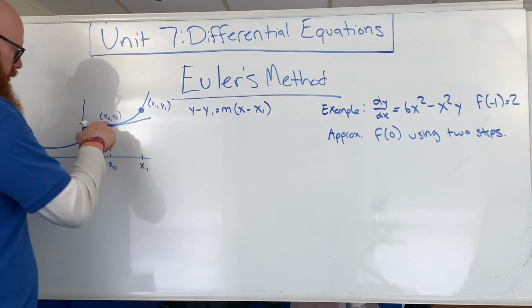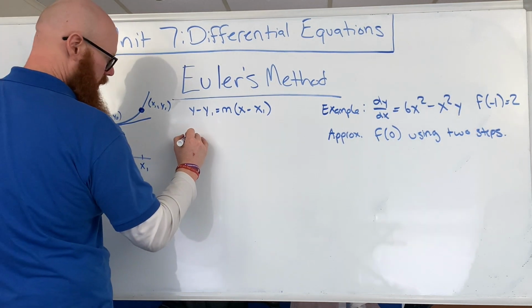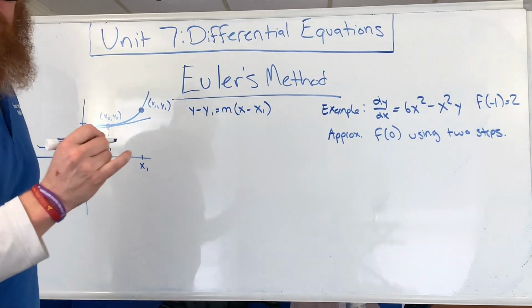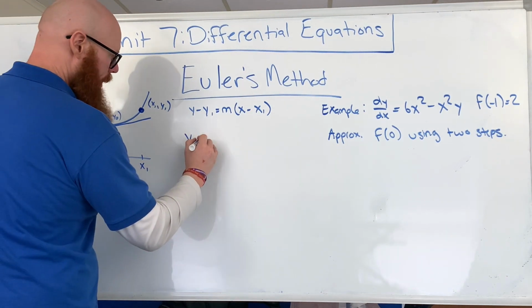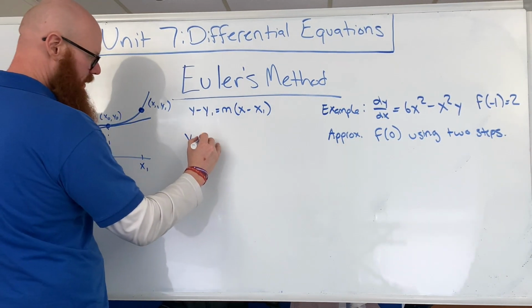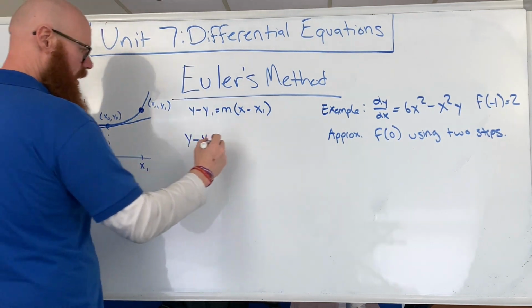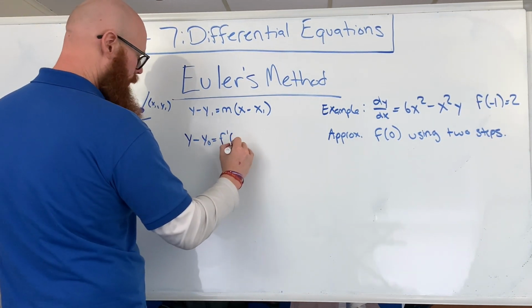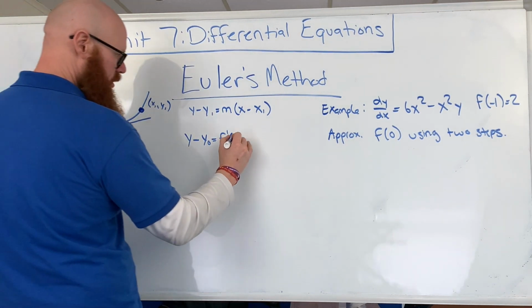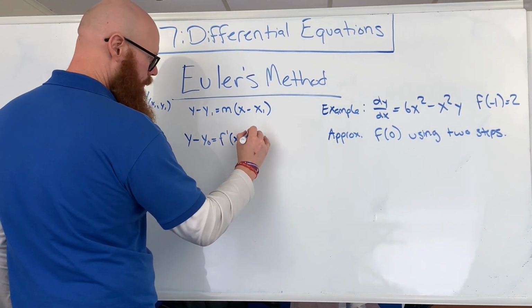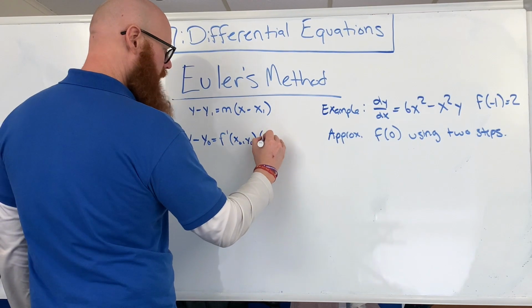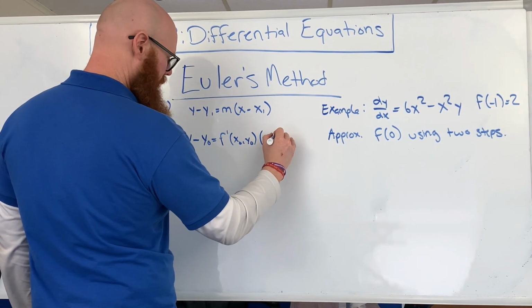We're actually going to be using this point. This is going to become y minus y0, or y naught, and m is the slope of this. So it's going to be f prime of whatever our point is, which is x naught, y naught, times x minus x naught.